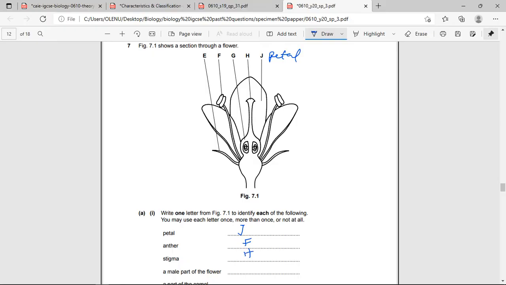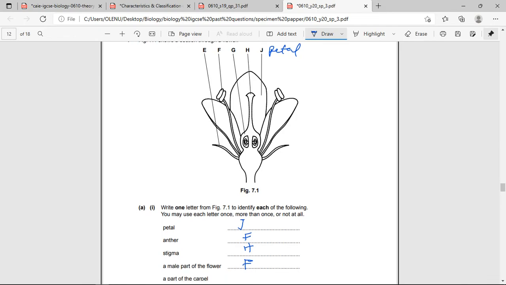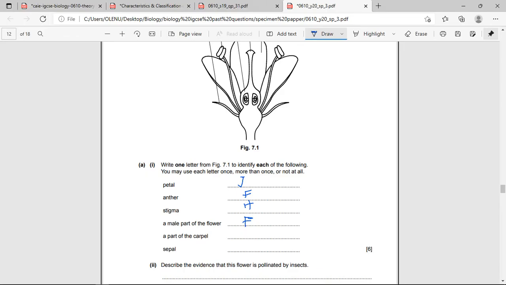A male part of the flower. This is the female part. The male part should be F, which is the anther. So the male part is made up of the anther and the filament. A part of the carpel.